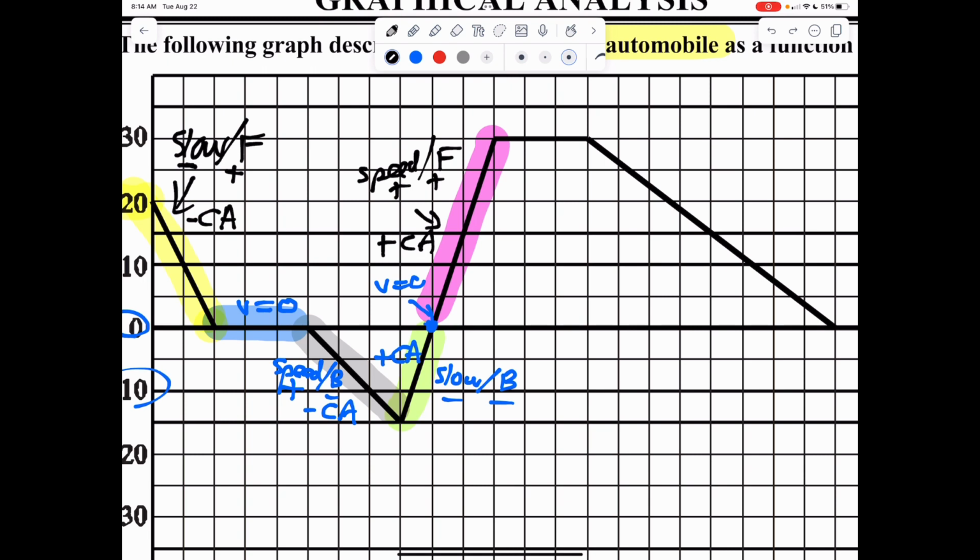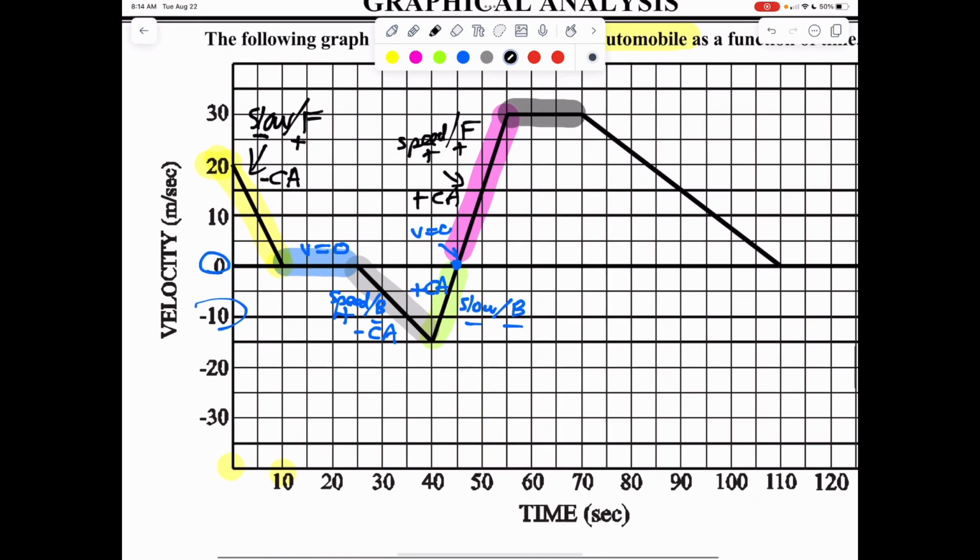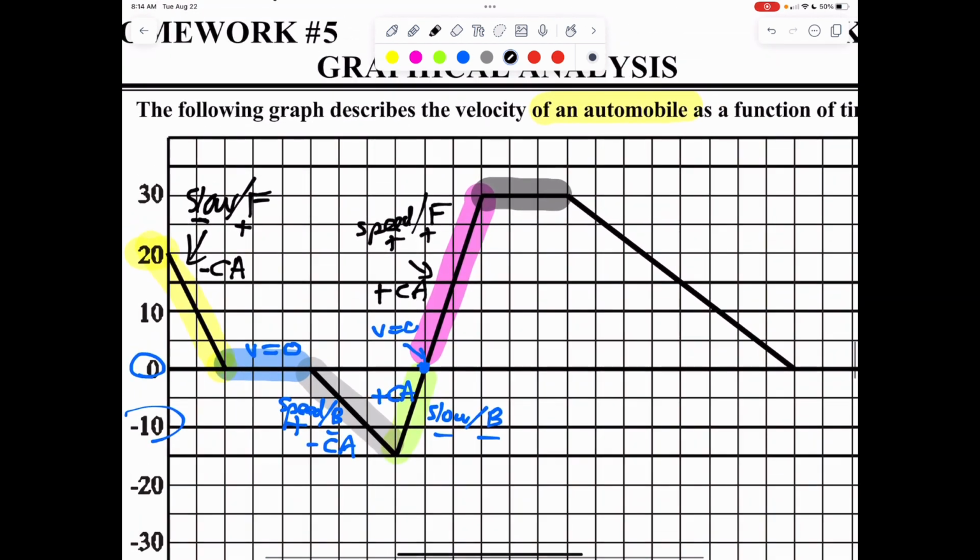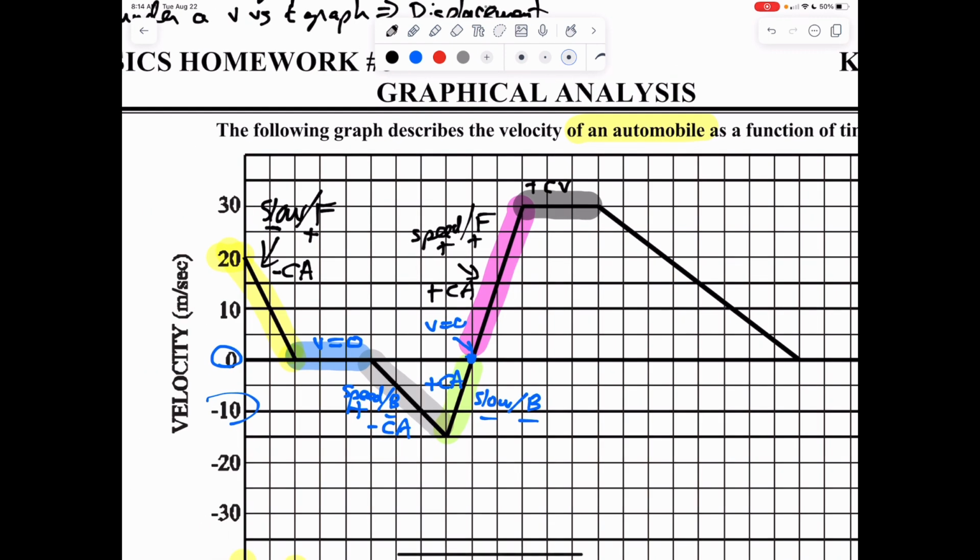If you look here at the top, for those 15 seconds, 55 to 70 seconds, we are looking at, again, v equals 0. No, not v equals 0, sorry. V is constant. So constant velocity, positive constant velocity specifically, at 30 meters per second.